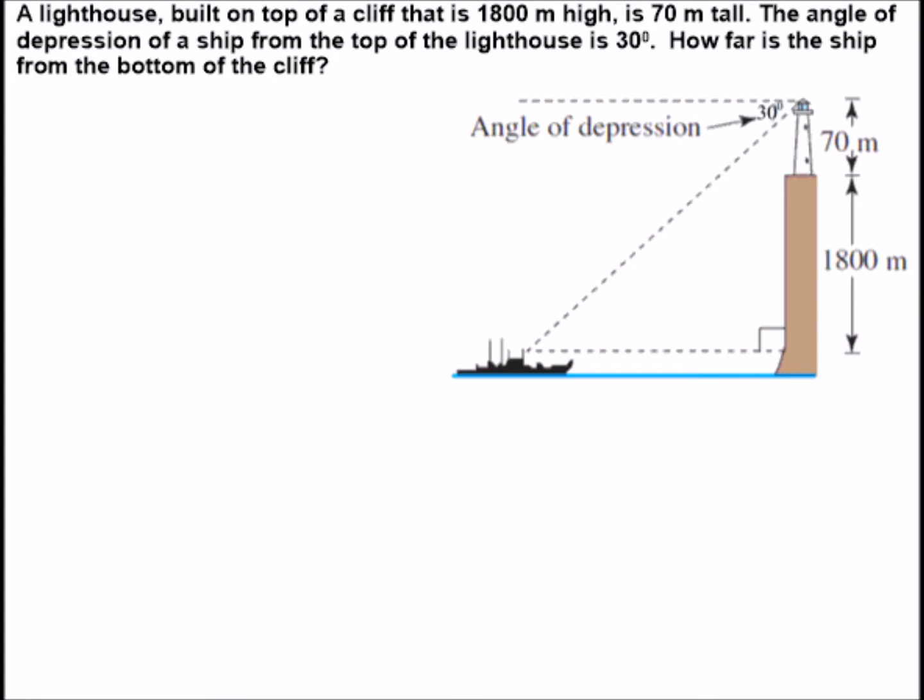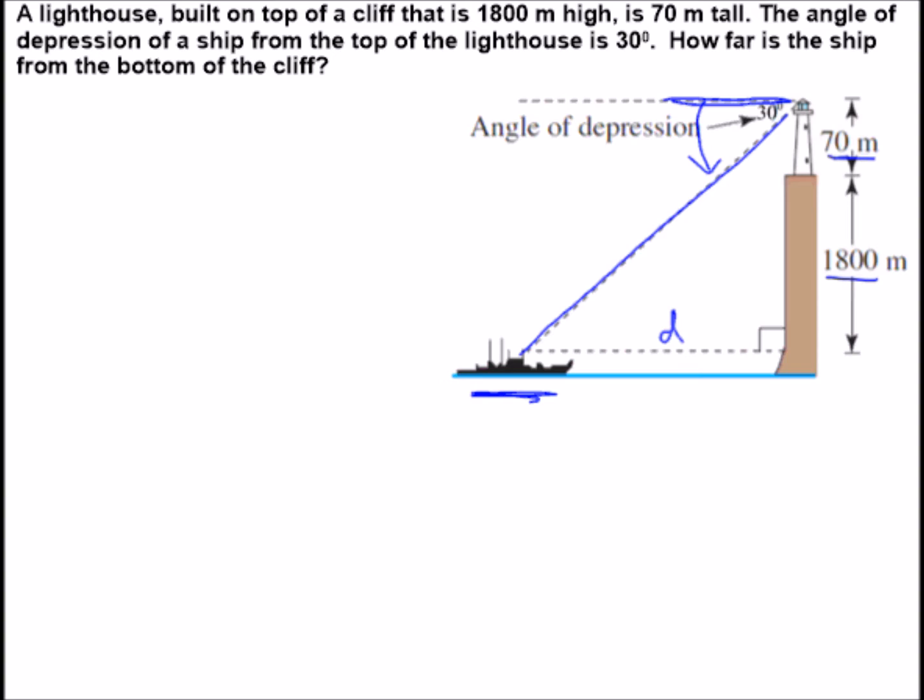Now, second example, once again we have our boat out to sea here. This time we don't know the distance away from the base of the cliff, but we do know the height is 1800 plus the height of the lighthouse is 70. And we have the angle of depression given to us here from the horizontal once again down to the line of sight, which is here.